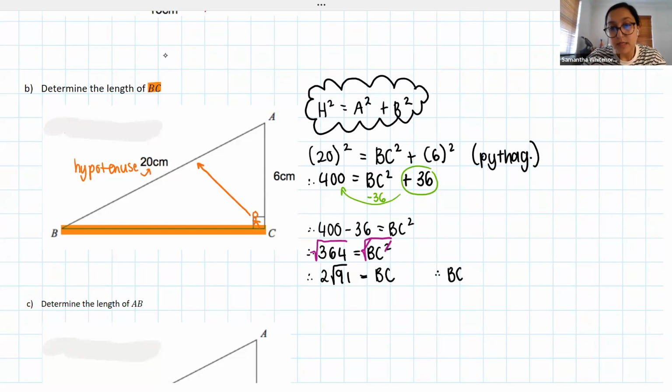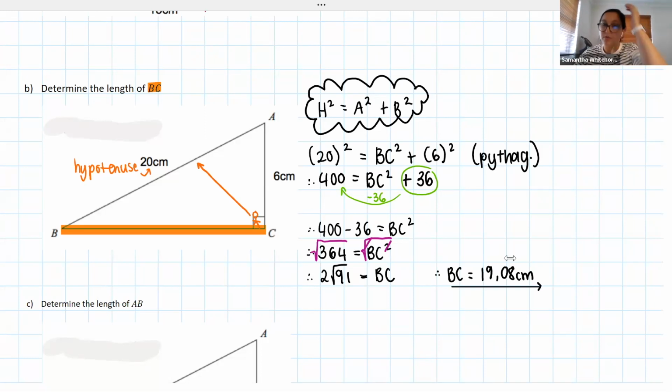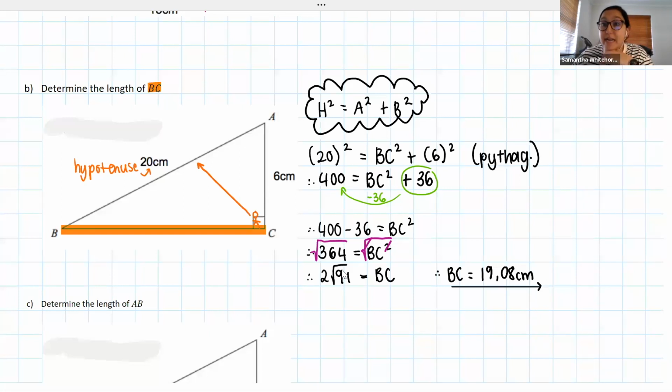And so BC is equal to 19,08 centimeters. Remember to round off correctly. We've had this discussion already about how to round off. But again, you should always be square rooting before your final answer. Once you've square rooted, you should then have your final side length that you were looking for.